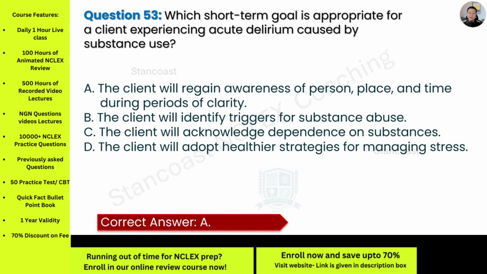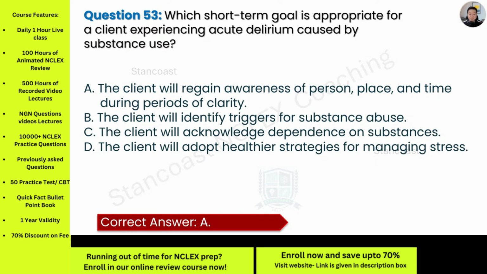Acute delirium can often present with fluctuating states of confusion and lucidity. And regaining orientation is the first step in recovery and an achievable short-term goal. Now, if you selected letter B here, it's an incorrect option.